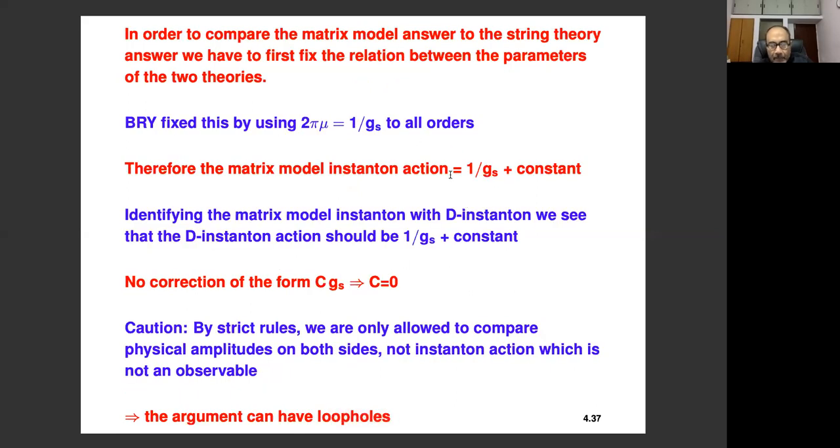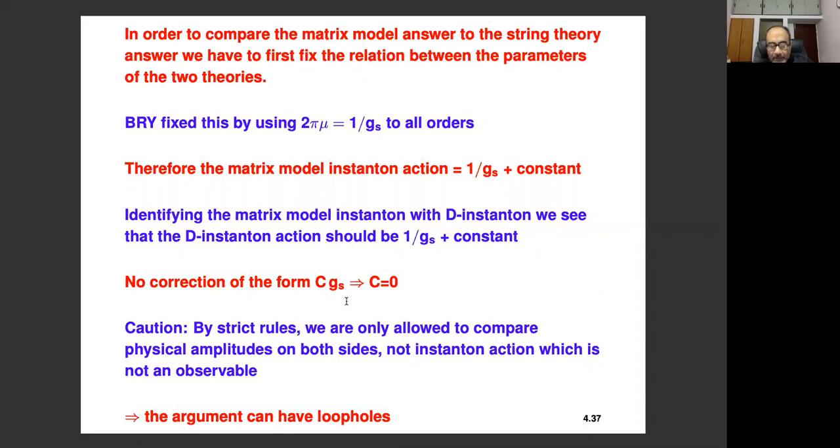So if you take this argument seriously, and equate the matrix model instanton action with the D-instanton action, both quantum corrected, then C must vanish, because the matrix model instanton doesn't have a correction of order C times g_s. But I should again emphasize that this is not a rigorous argument, because by strict rules we are not allowed to compare instanton actions in the two theories.